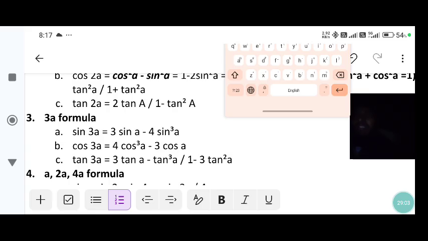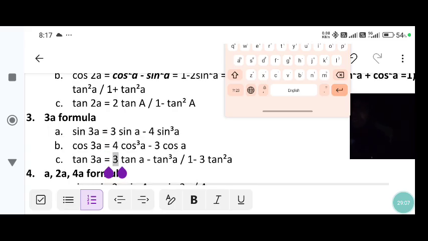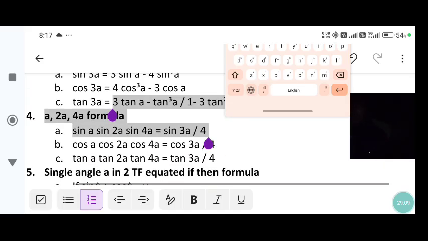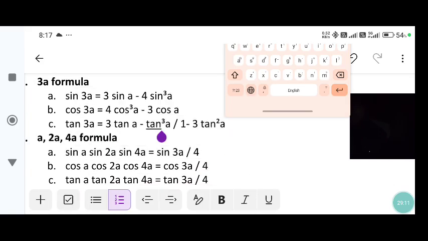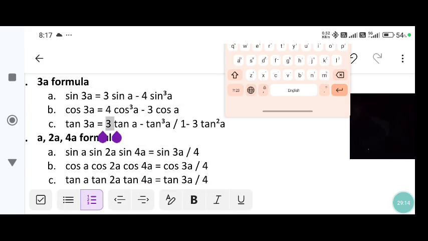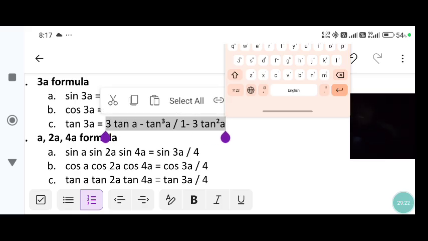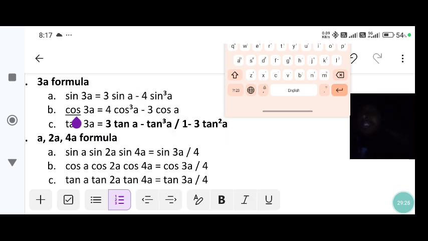It does not contain 4, the 4 is removed, and in the denominator there is 1 minus 3 tan square a.